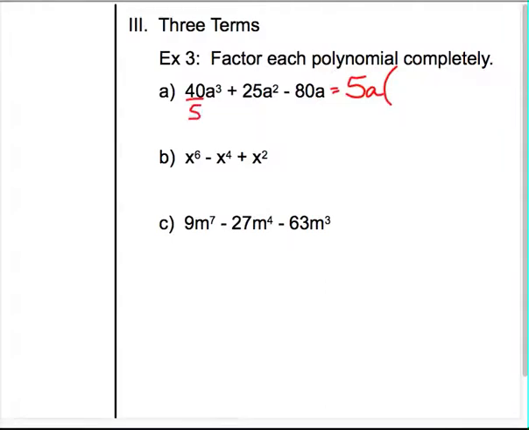40 divided by 5 is 8. I pulled out 1a. I have 2 a's left, or a squared. 25 divided by 5 is 5. I pulled out 1a, which gives me 1a left. And 80 divided by 5 gives me a negative 16.